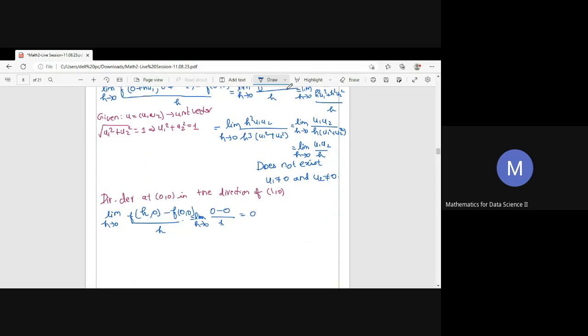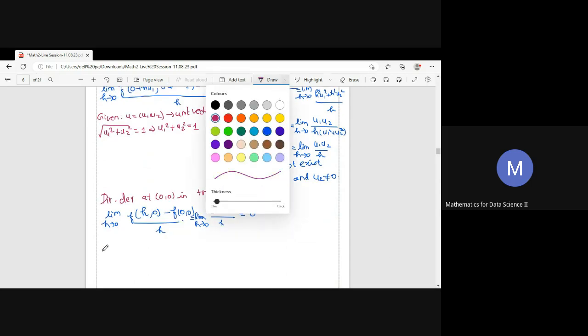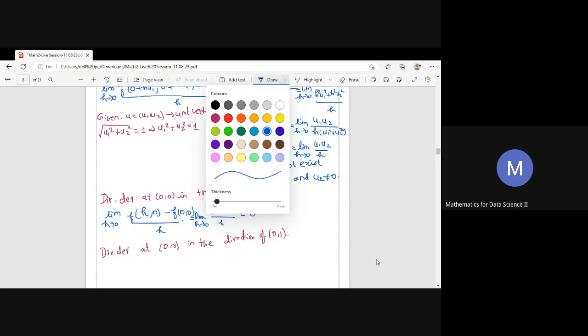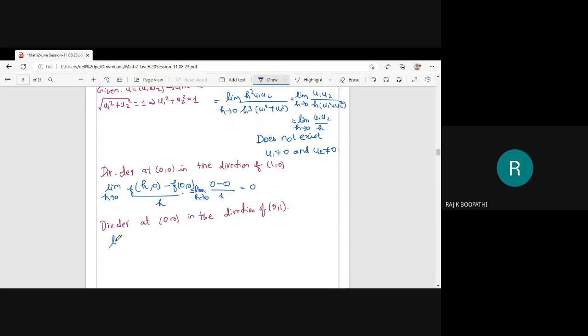Same way, you can find the directional derivative at 0, 0 in the direction of 0, 1. The limit as h goes to 0 of f of 0, h minus f of 0, 0 by h.